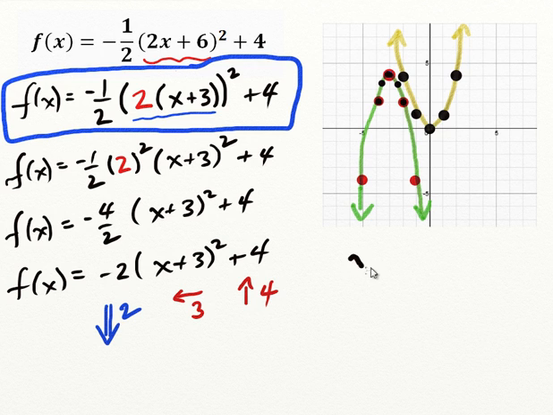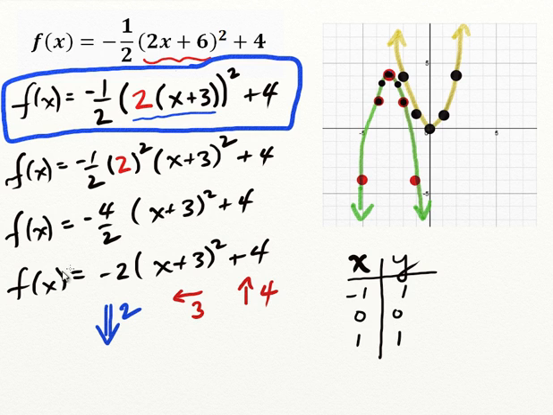Again, we would just set up an x and a y, and we'd put in some initial points. I'm just going to do 3 points just to show you. So the original parent function would be -1 and 1, 0, 0, there's the vertex, and then +1 and +1.